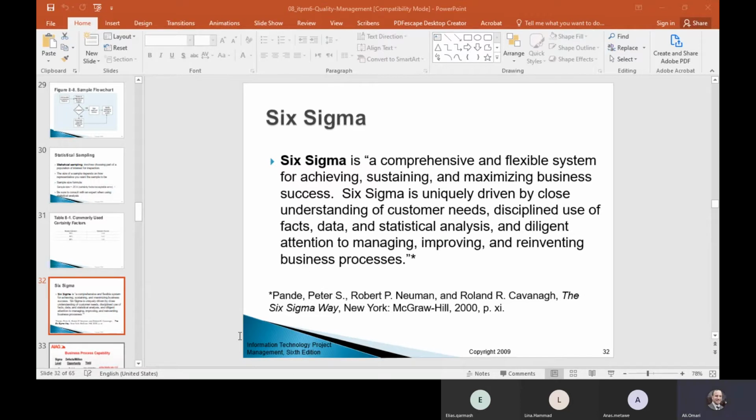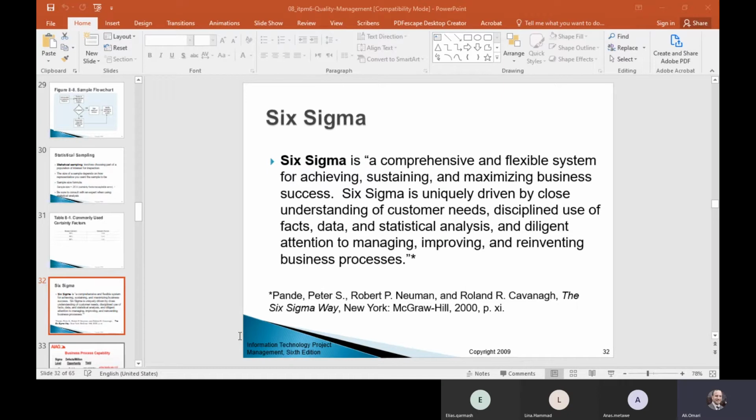Six Sigma is basically a principle designed to measure product quality, to measure help desk, for example, a method of measuring the quality, and measures other customers' process.